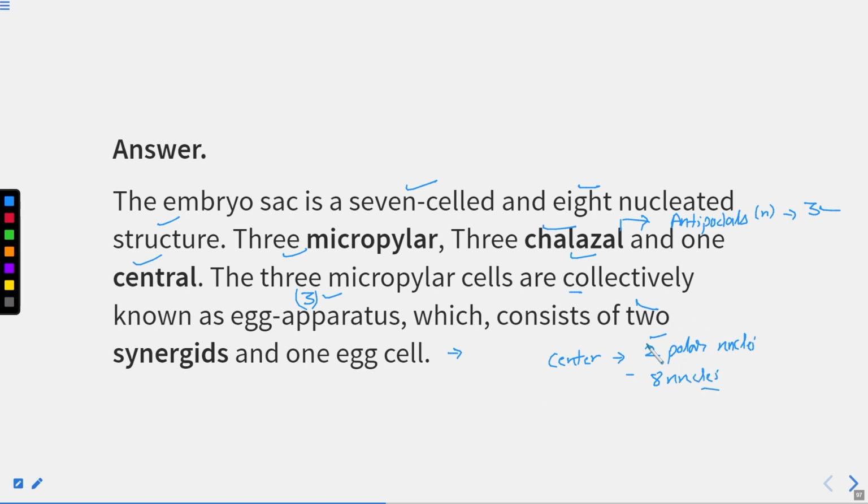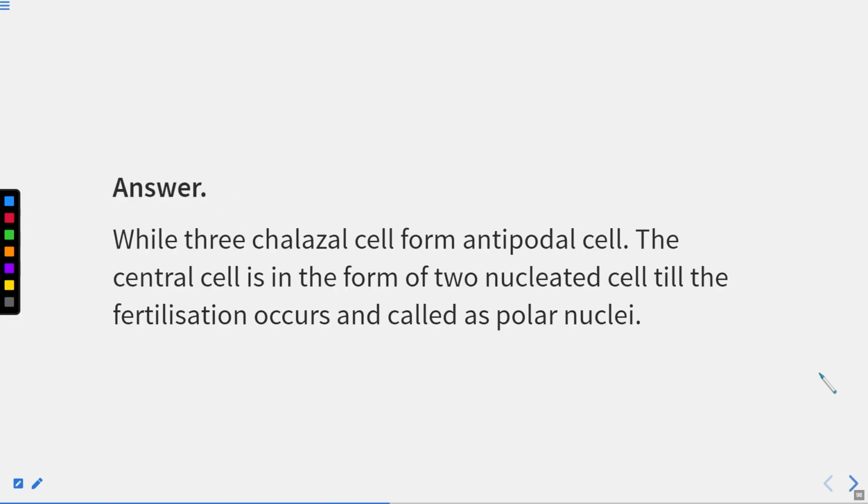These 2 polar nuclei fuse with each other. That's why we call it 8 nucleate and 7 celled. Alright, this is clear. Now, the 3 chalazal cells form the antipodal cells. The central cell is a 2 nucleated cell until fertilization occurs, and these are called polar nuclei.